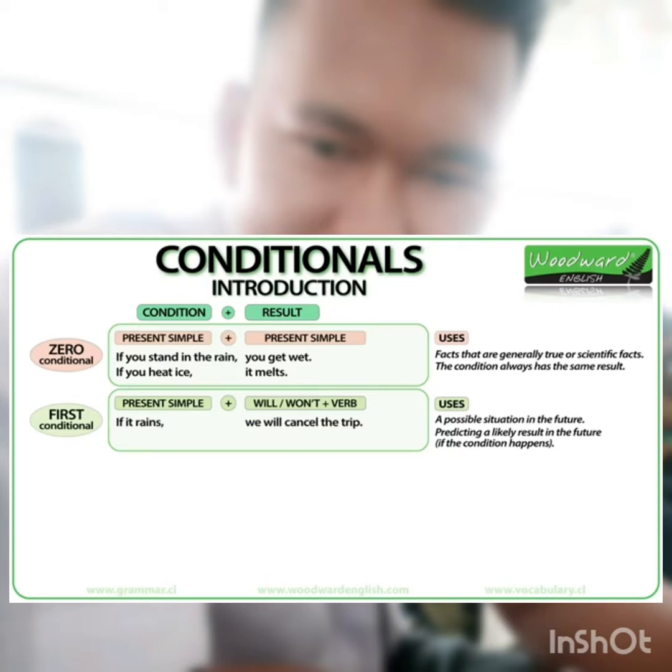For example, if it rains, we will cancel the trip. This is the likely result in the future if it rains. If you study, you will pass the exam. Again, I predict that this will happen in the future if you study.